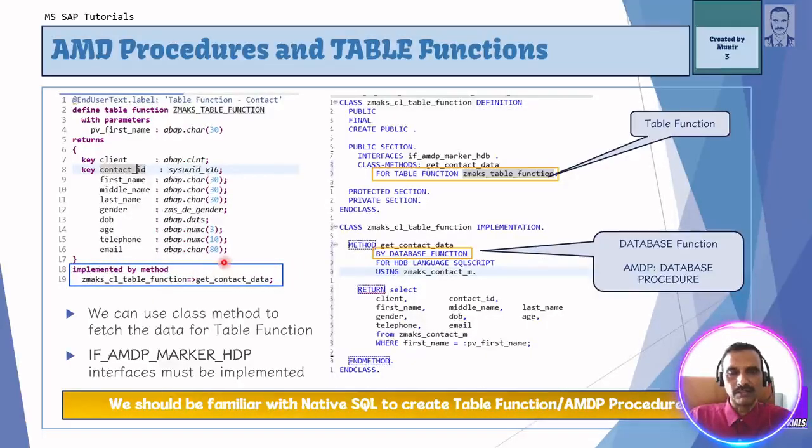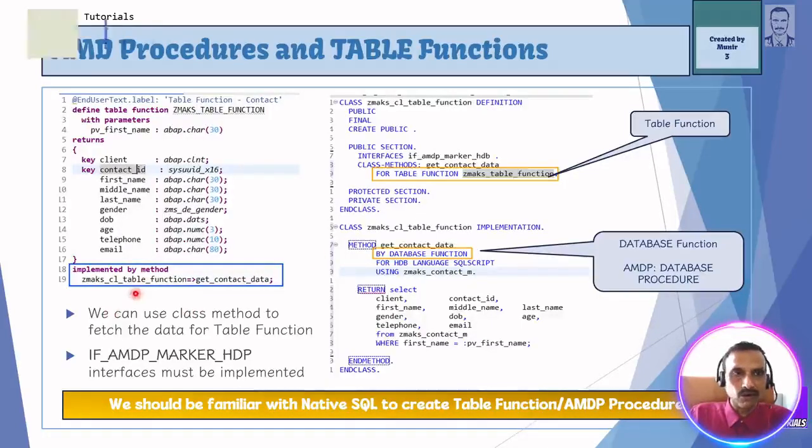I'm showing you an example of a table function, how you can create it by using my contact table, where I want to display the same structure and get it from an AMDP class method.